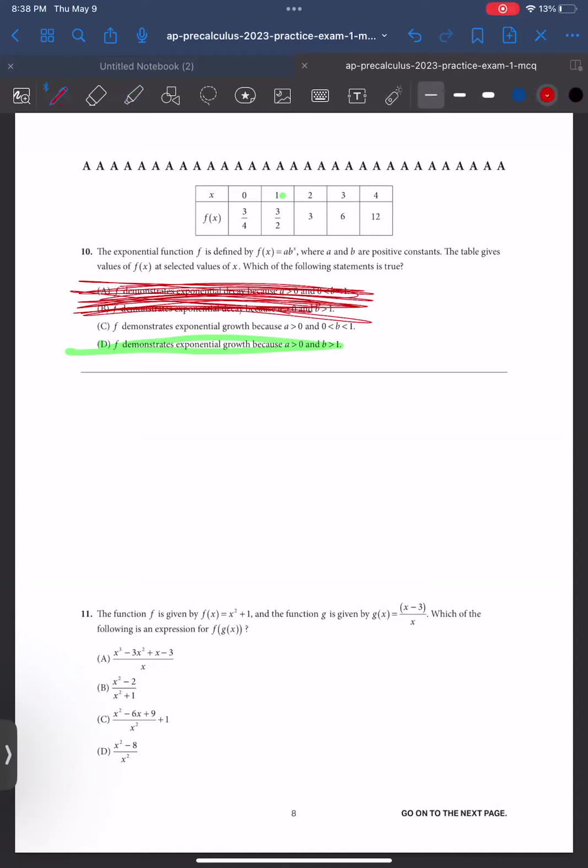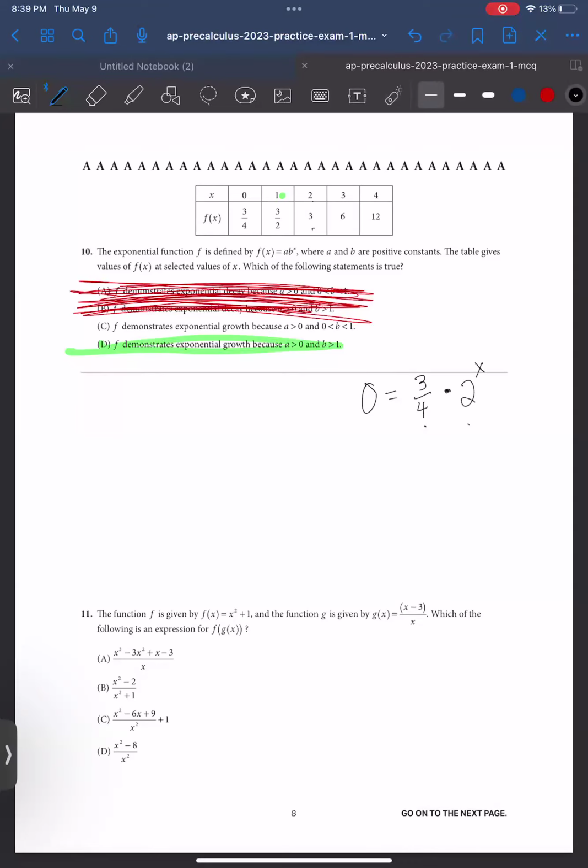So at 0, I have 3/4 times... and then we're noticing that I go from 2 to 3, 3/2, so you're doubling, right? So it's 2 to the x. So that's my original. So A is greater than 0 and B is greater than 1. Those are also the requirements for a growth. The growth needs both of them to be greater than 0 and 1.